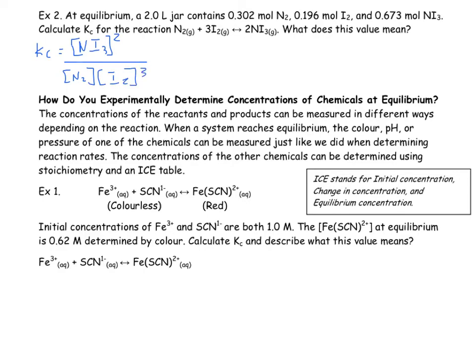I can use the information in my question in order to find the molar concentrations of each of those chemicals. In order to do that, I need to use the grade 11 equation, concentration equals moles divided by volume. To find the concentration of NI3, I would take its moles and divide it by 2.